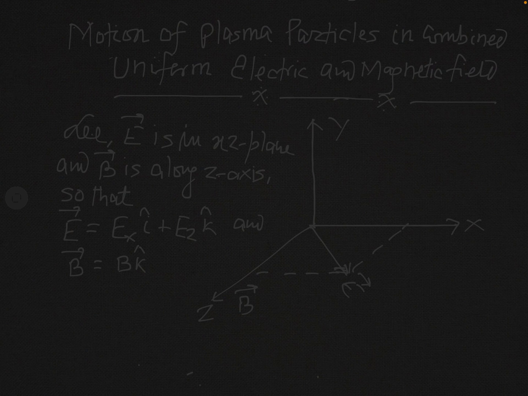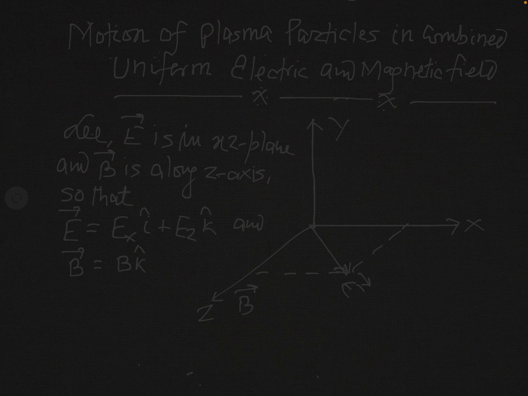So for the quantitative calculation, let us consider that an electric field is present, and for simplicity we consider this electric field lying in the xz plane. As you can see in this figure, the electric field E is lying in the xz plane, and as usual the magnetic field B is along the z axis, as we considered in the previous lecture.